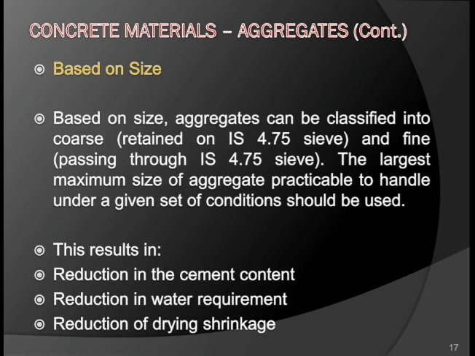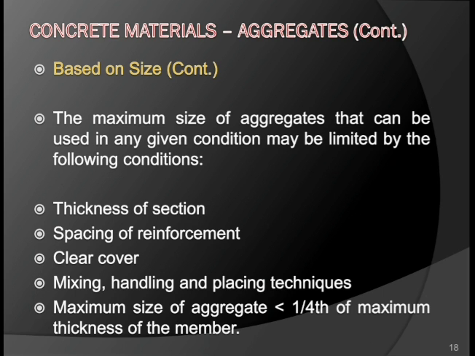A large size results in reduction in the cement content, and as we know that 70 to 80% of concrete is aggregate. So if large size aggregate is used in concrete making, then it reduces the cement content and the water requirement, and the concrete becomes dry and reduces drying shrinkage. So size matters a lot.